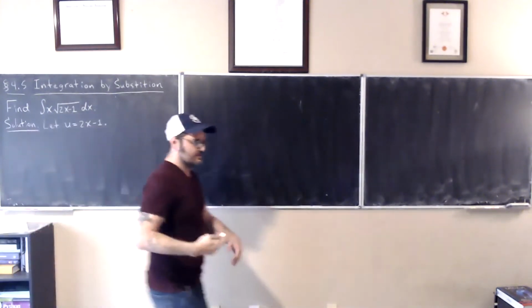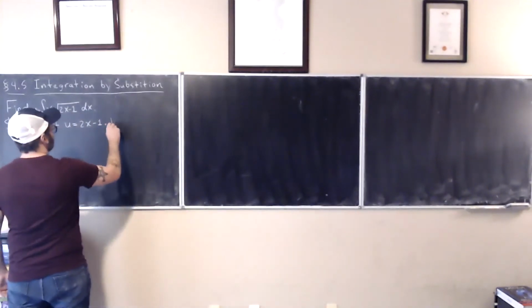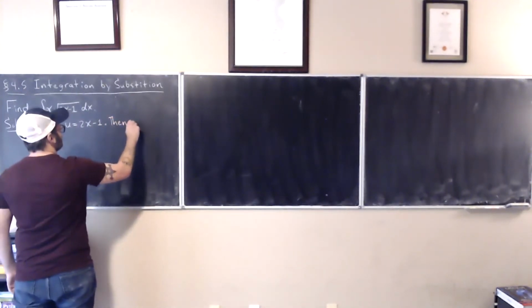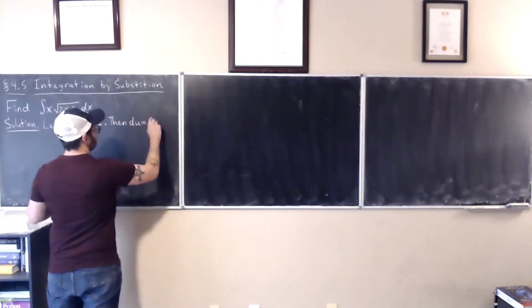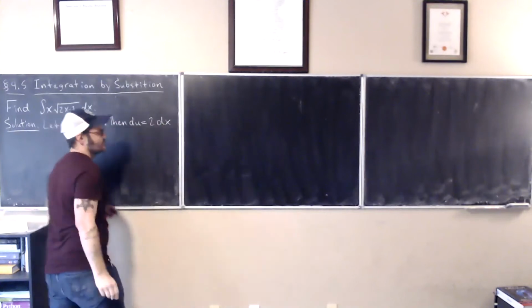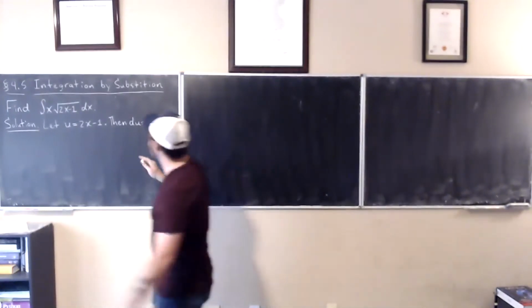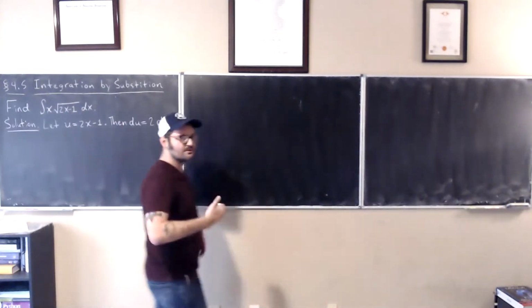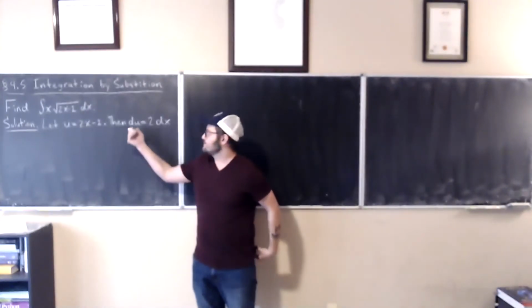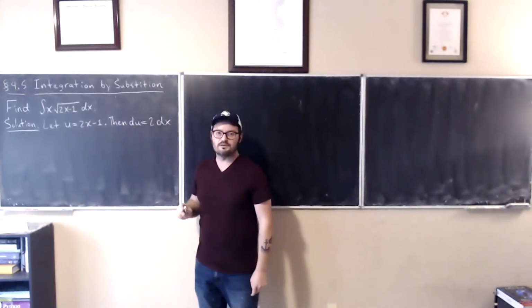So then as before, let's find du. So then du is equal to 2 dx. Okay. But now notice that I don't have any 2 dx over here, right? I eventually want to substitute in du somewhere, but I do not see 2 dx anywhere in there.